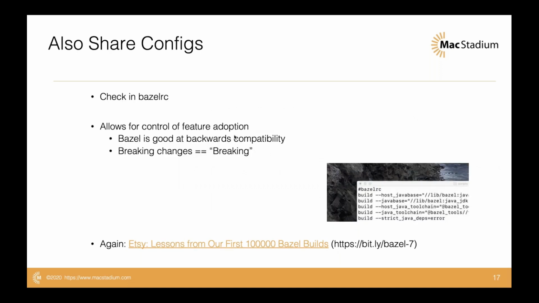On that vein, you want to check in everything you can, configs especially. So Bazel has a lot of great features and a lot of extra features every release. It's also really good at backwards compatibility. It is the case that you can upgrade your Bazel system to fix a bug and not adopt new changes. When you decide you want to do new features or new changes, having a managed Bazel RC file that you check out is a great idea.